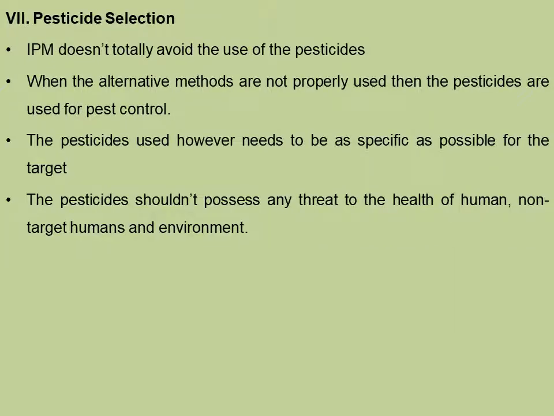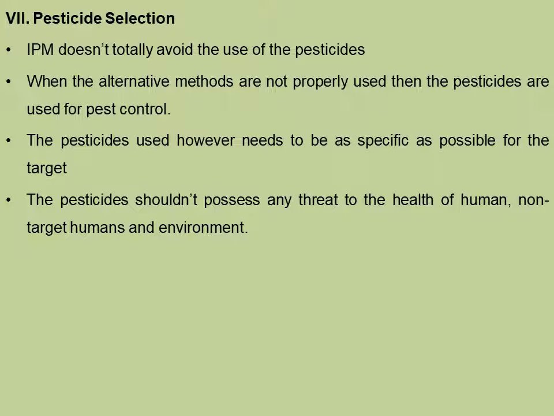Pesticide selection. If at all we have to choose the insecticides or the chemicals, then care must be taken. IPM doesn't totally avoid the use of pesticides. When the alternative methods are not properly used, then the pesticides are used for pest control. The pesticides used, however, need to be specific as far as possible for the target organism.